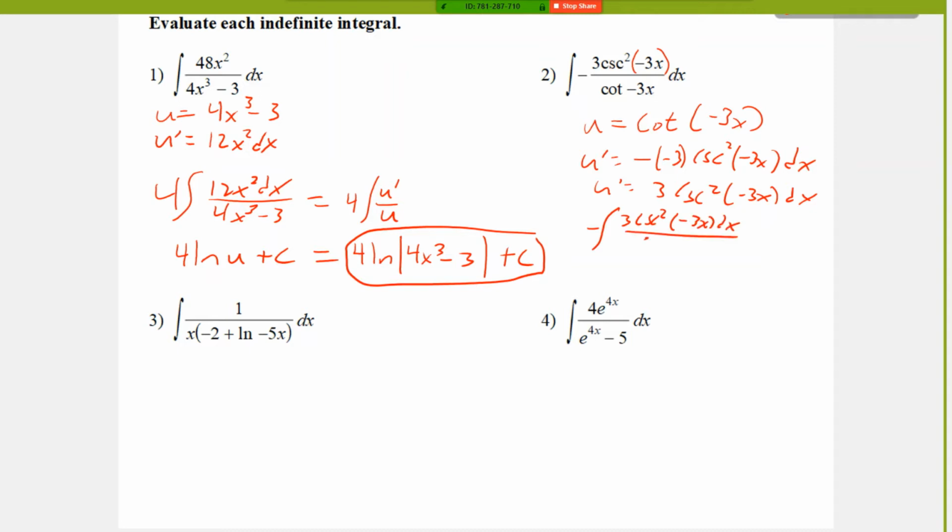Okay, so what happens after we substitute? You derive over U. That's it. And then I still have that negative on the outside. So if I integrate U prime over U, what will happen?